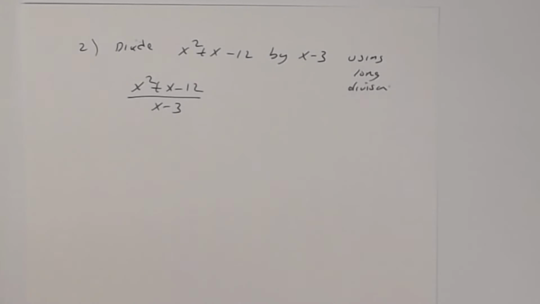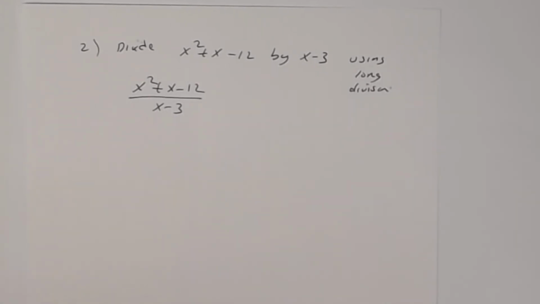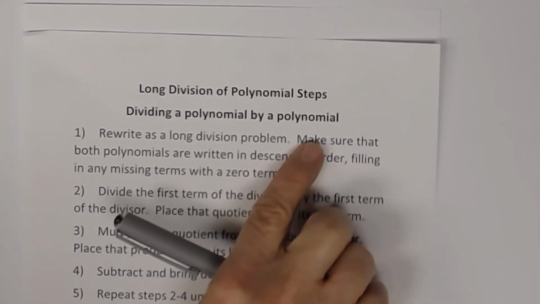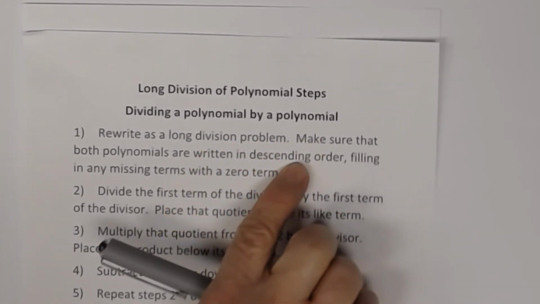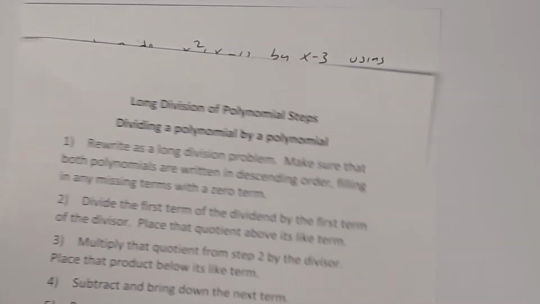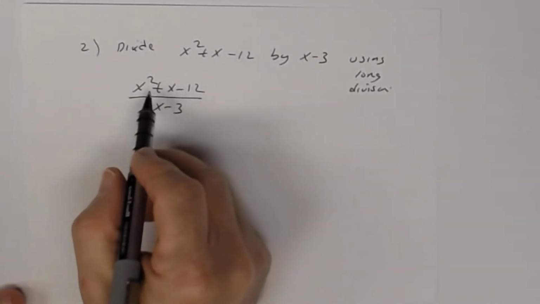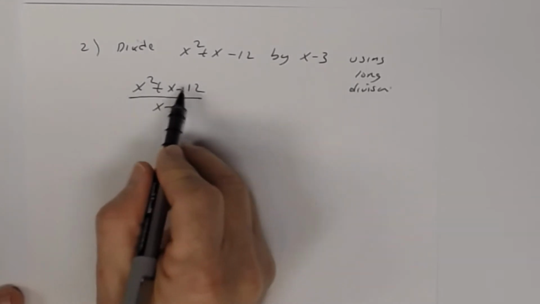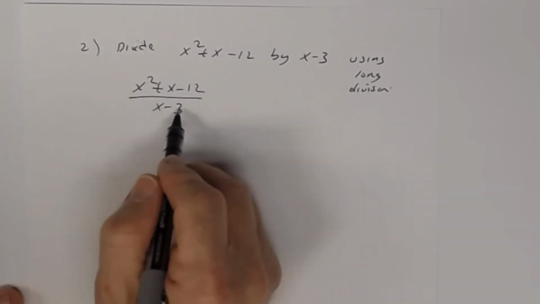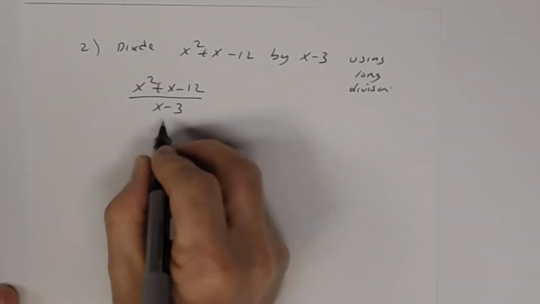All right. Okay, now remember step 1 is to rewrite this in long division form, keeping in mind that we need to put this in descending order, and any missing terms we're going to write as 0 term. All right, so I want you to notice, though, that this polynomial is already in descending order, and so is the polynomial right here. And there are no missing terms.